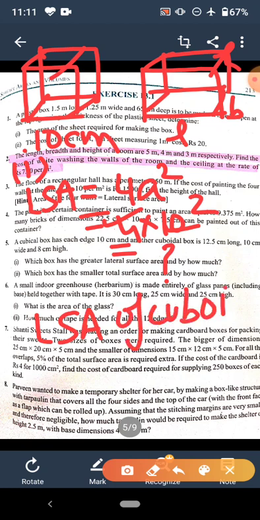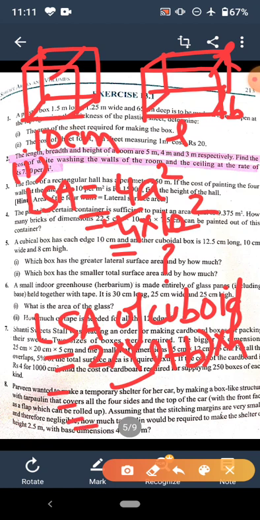The lateral surface area of a cuboid is 2 into L plus B into H. Then again you will put the values here, and then you will compare. The question is which box has greater lateral surface area. So after finding the lateral surface area, you will compare and answer whether the cube or the cuboid has greater lateral surface area, and by how much, for that you will find the difference.